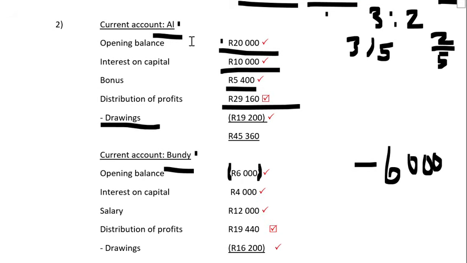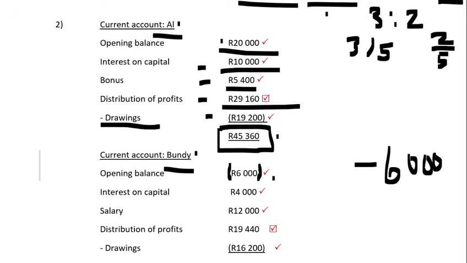We have the current account here of L starting with 20,000. There was interest on capital, a bonus, and a distribution of the profit, less the drawings, and the balance now in the current account of L is 45,360.